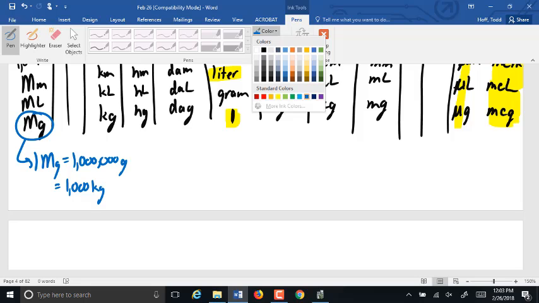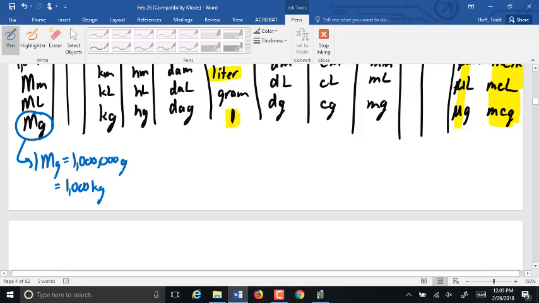Because a kilogram is a little bit more than 2 pounds, we'll actually talk about that direct relationship in a little bit. 1,000 kilograms is a little bit more than our 1 ton of 2,000 pounds. So the 1,000 kilograms has come to be known as 1 metric ton. So instead of calling it a megagram, they usually refer to it as a metric ton.